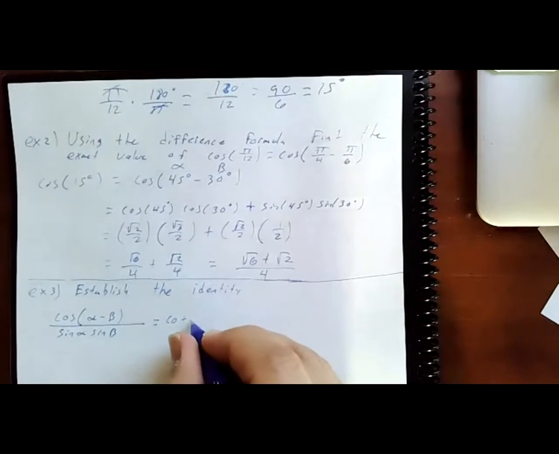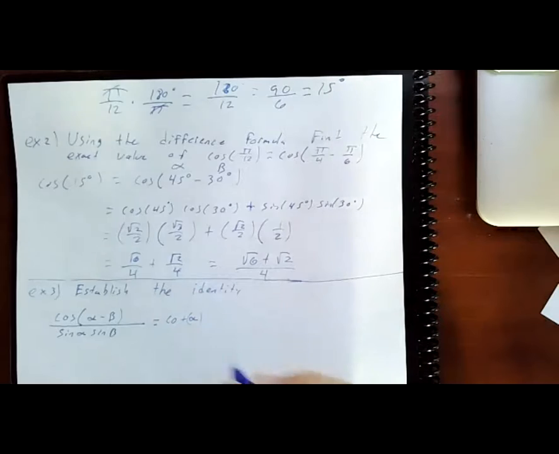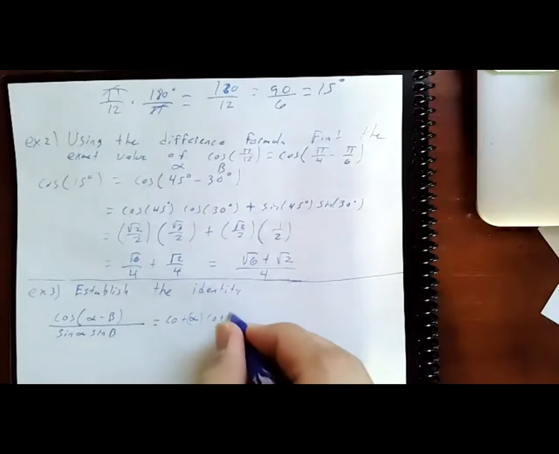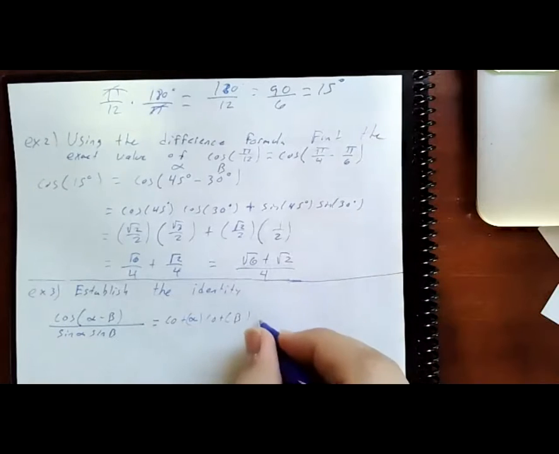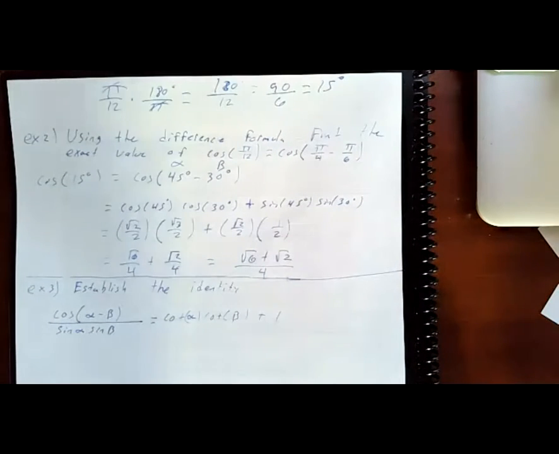Cotangent of alpha cotangent of beta plus 1. Okay. So we need to prove that this is equal, that it's true. So we need to pick a side and then work your way to the other side.